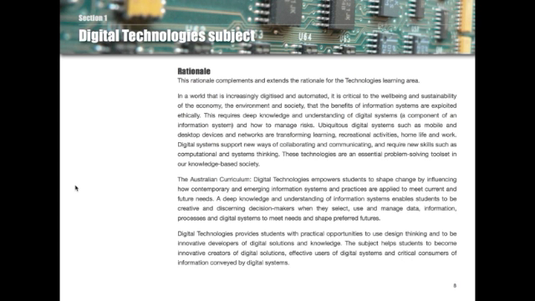So let's look at the rationale as to why digital technologies is having a space within the well-acknowledged crowded curriculum, particularly in our primary years. So the main aspect, of course, is that the world has changed.